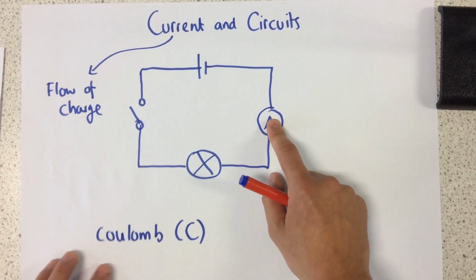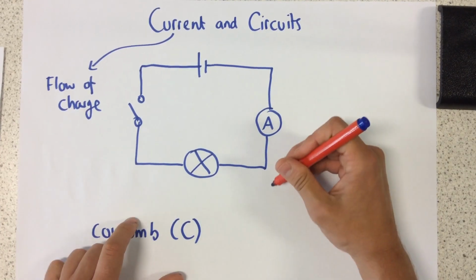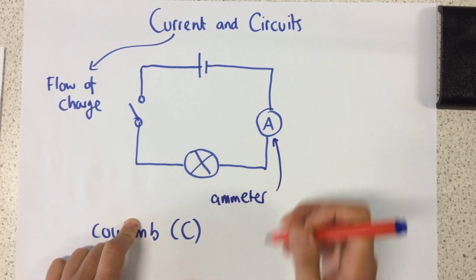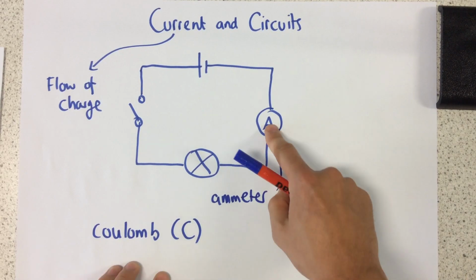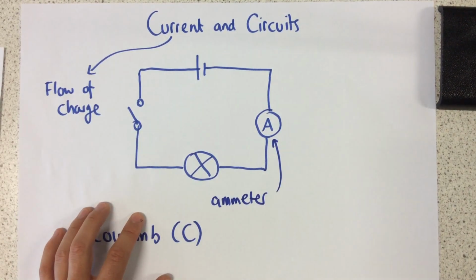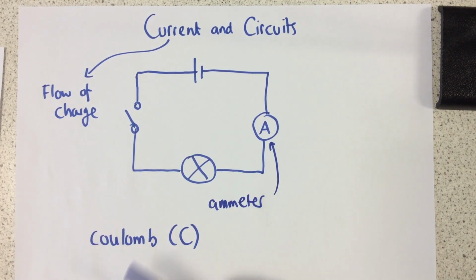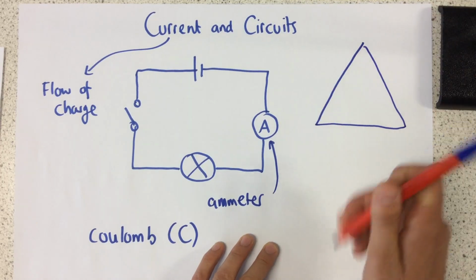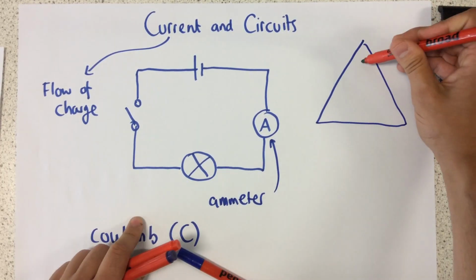So what is the current? Now, this component here is called an ammeter. This is what measures or counts how much charge is passing a point in a certain period of time. And we actually have this nice equation triangle that I'd like to try to explain to you right now.